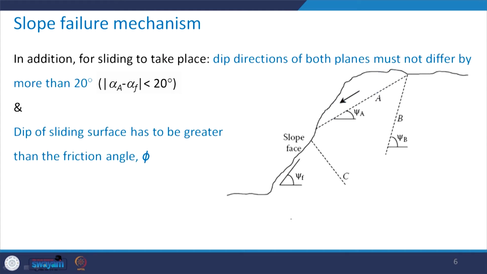Additionally, there are few more conditions. The next condition is that the dip directions of both the planes, that means slope surface and the discontinuity. Whenever I am saying both planes in the context of plane failure, I am essentially talking about the slope face and the discontinuity plane along which the failure will occur.